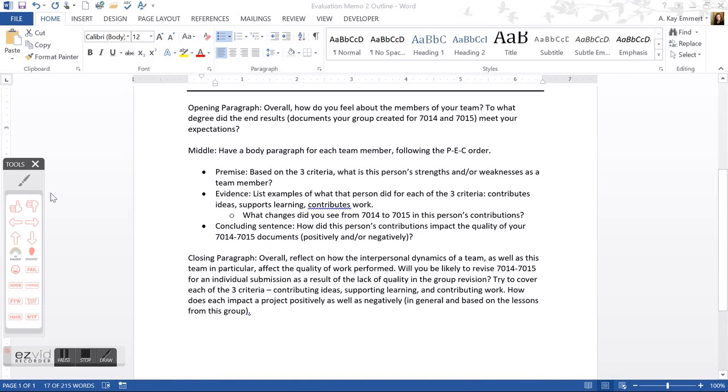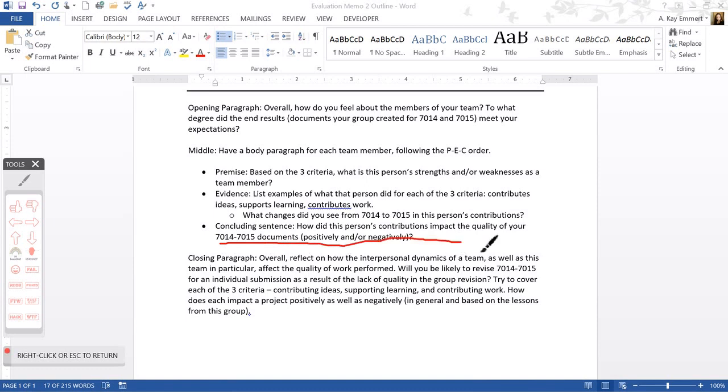Remember that a closing paragraph is the accumulation of all of your smaller conclusions, adding up and equaling one overall conclusion. So if you have 4 or 5 paragraphs saying how each individual contributed to the quality or lack of quality in the group project, then you're better ready to explain how the group dynamic overall among all of these people affected the project quality.